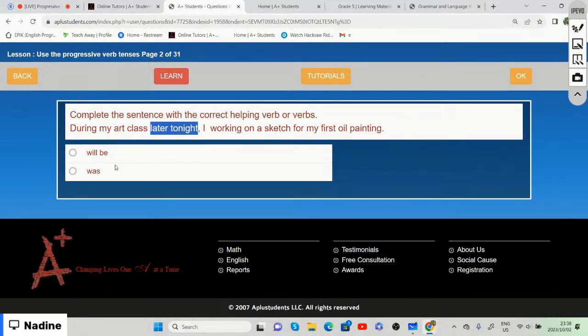Do we say I will be working on a sketch for my first oil painting, or I was working on a sketch for my first oil painting? Later tonight. Does that tell us it is in the present, in the past, or in the future?